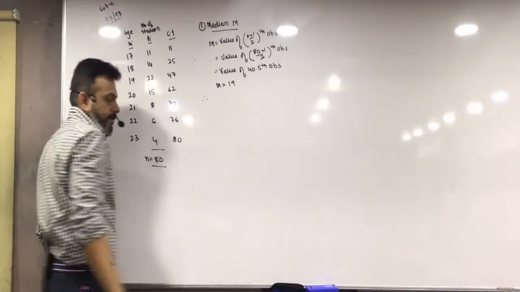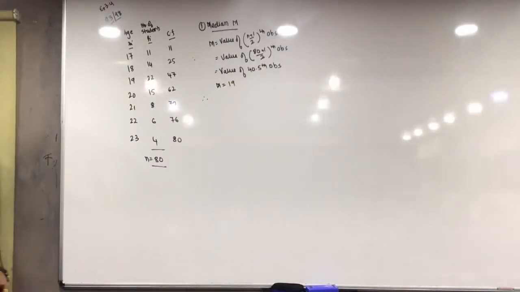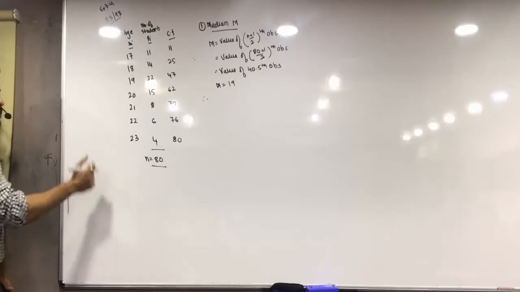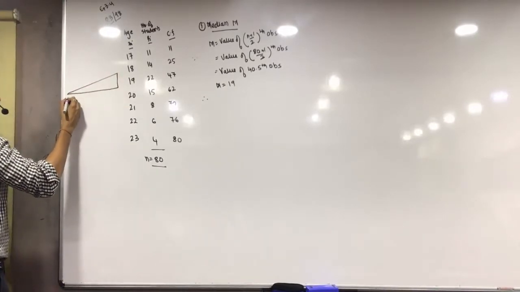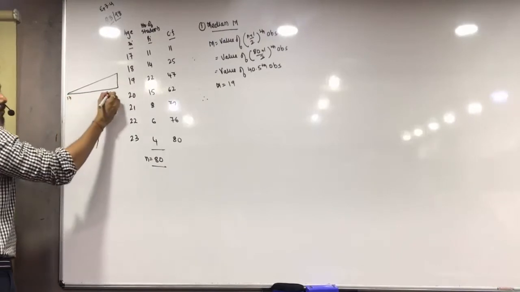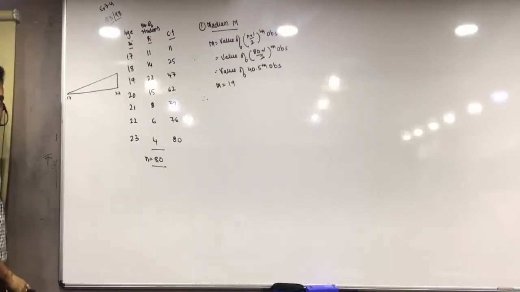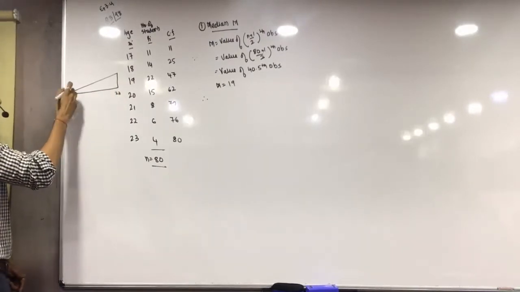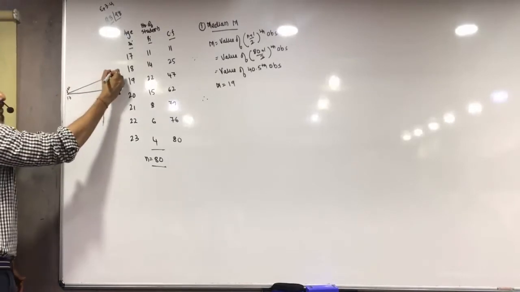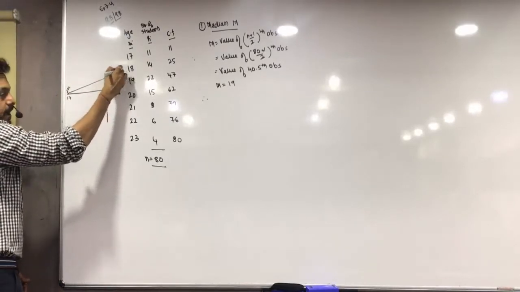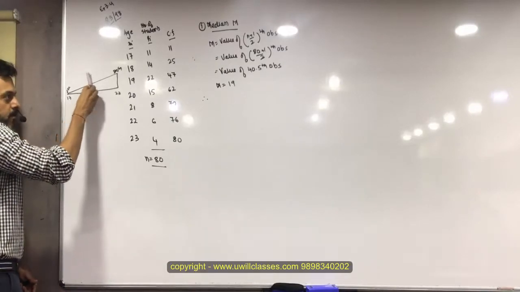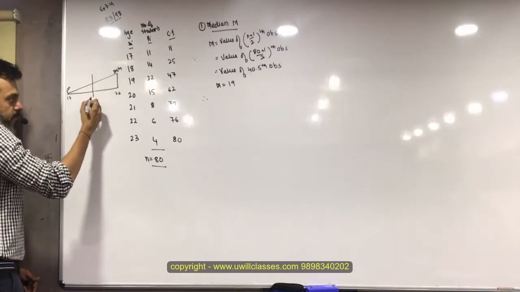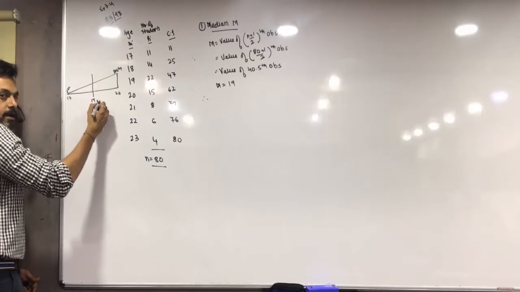Therefore, interpret. Pay attention, just a moment. See, you arrange the students from minimum to maximum age. So the first student is standing over here, and the 80th student is standing over here. So the student standing in the middle, what is his age? His age is 19 years.